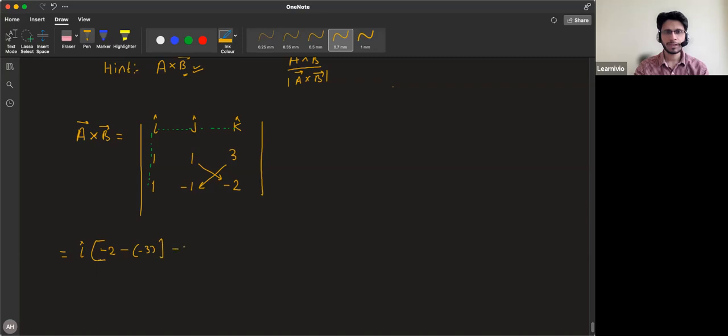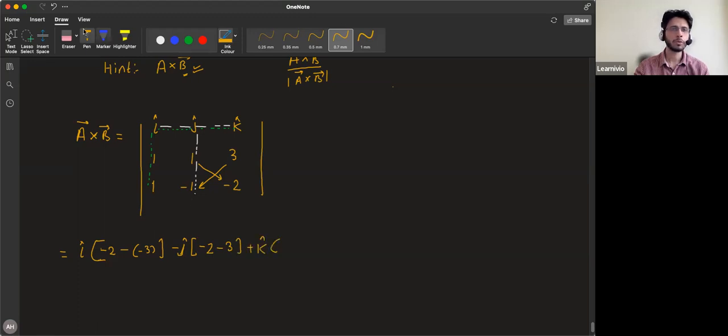Now let's take the second term as negative, minus of j cap. If I take the second term to be negative, then this row and this column will get eliminated. So what are the terms which are left here? 1 into -2 and 3 into 1, so it's 1 into minus 2 minus 1 into 3, minus 3. Plus k cap.